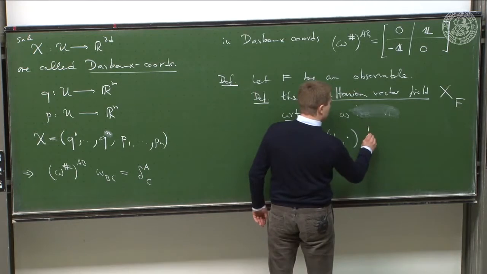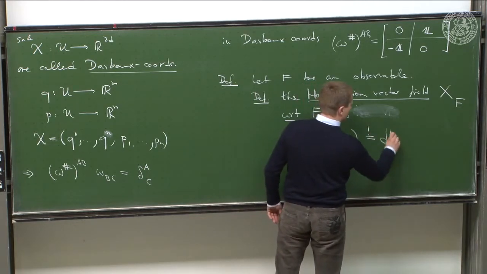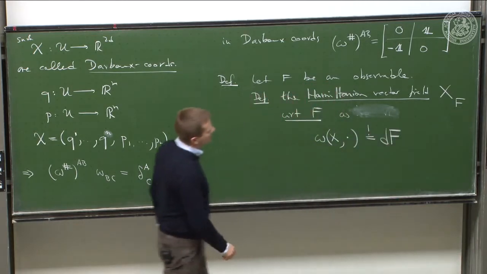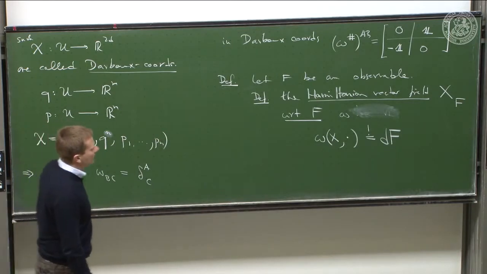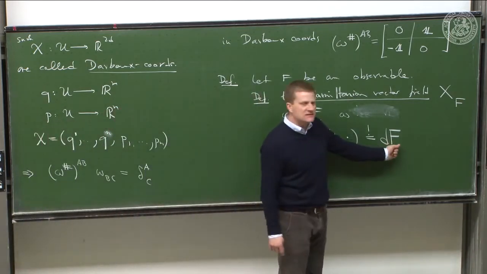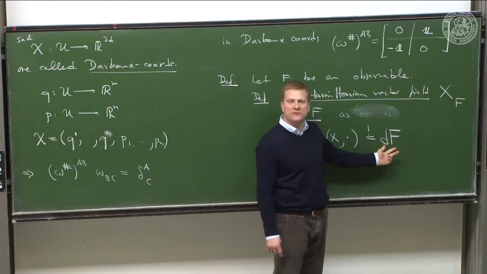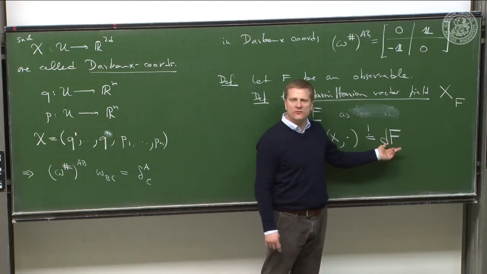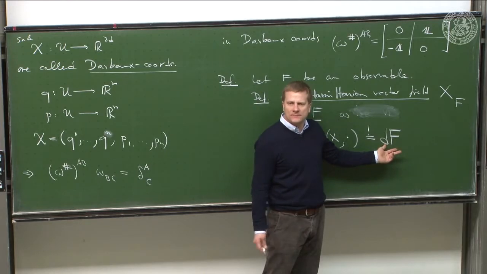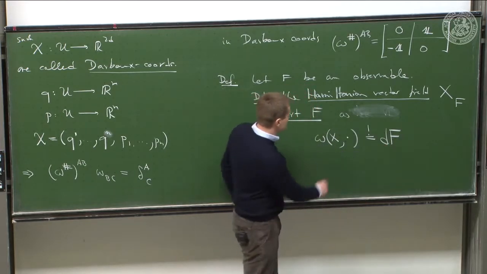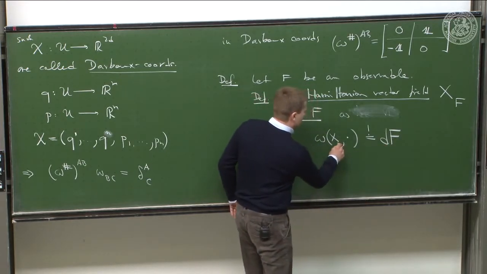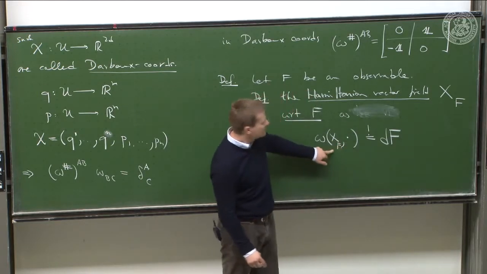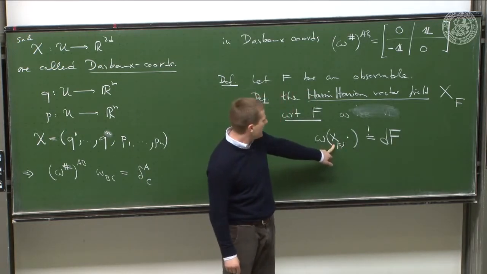And you require this to be the exterior derivative of the observable, but the observable is a function, so it's a 0-form, so this is a 1-form. A 1-form on the symplectic manifold equals a 1-form on the symplectic manifold. That works. This is X down f. It's a little implicit, the definition of X_f.